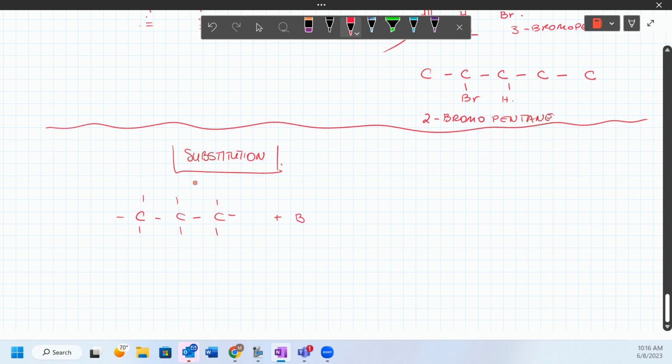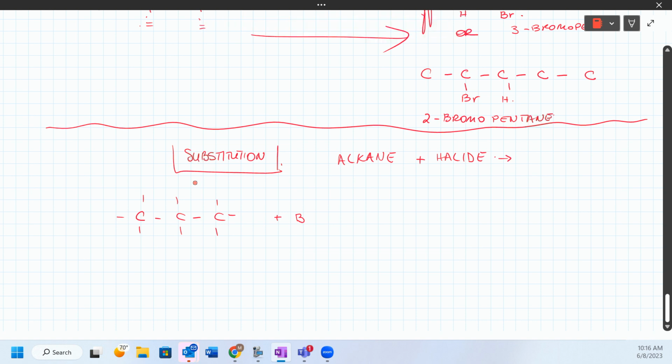So alkane plus halide will give you derivative plus HX, where X is either Br, I, F, or Cl.